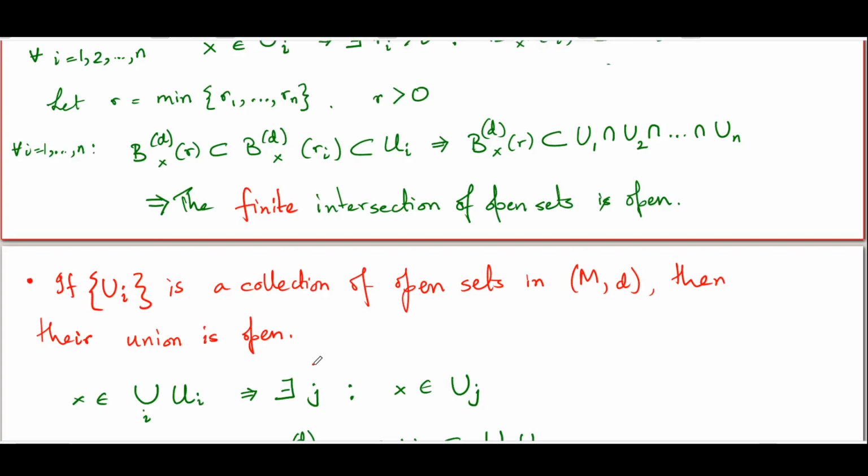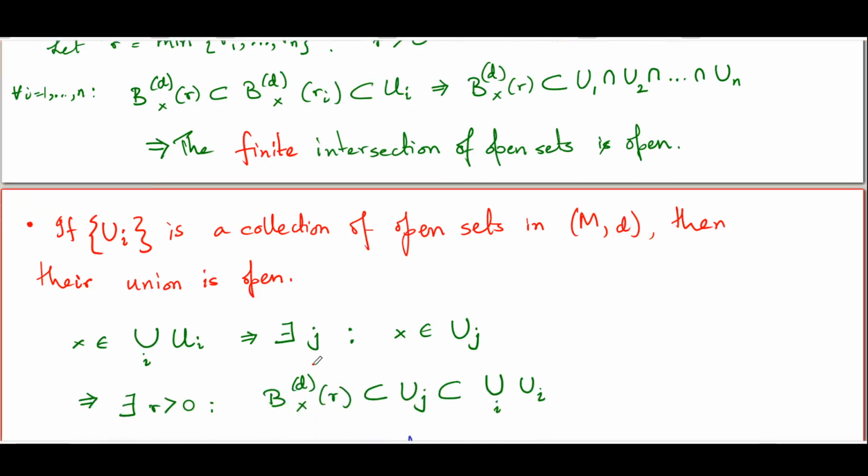Of course, to prove that this union is open, we need to show that every point which belongs to the union is an interior point of the union. So if x belongs to this union, there must be at least one specific index j for which x must belong to uj. That's the definition of what a union is.